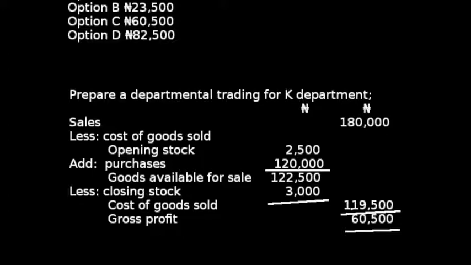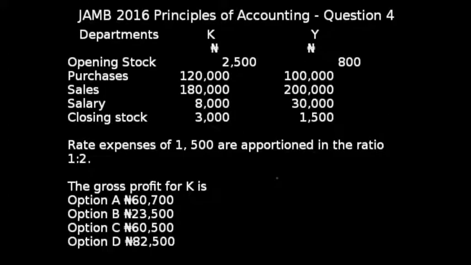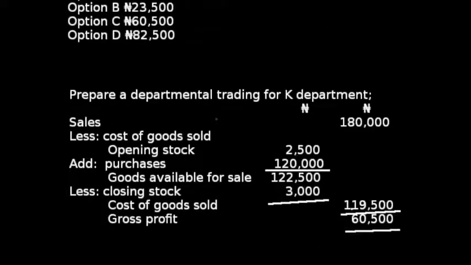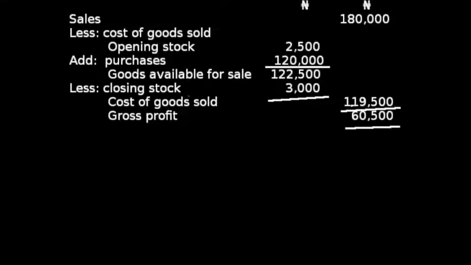And then immediately after that, we are expected to minus our closing stock. And our closing stock is 3,000 as given in the question. So if we minus the closing stock from 122,500, we are going to have a figure which is called cost of goods sold, which is 119,500.